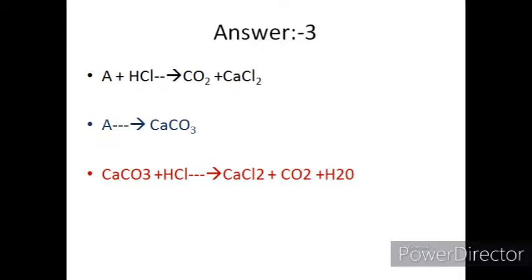So it means the reactant must be a carbonate. And which metallic carbonate? Calcium carbonate. So when calcium carbonate reacts with hydrochloric acid, it will produce calcium chloride, carbon dioxide and water.